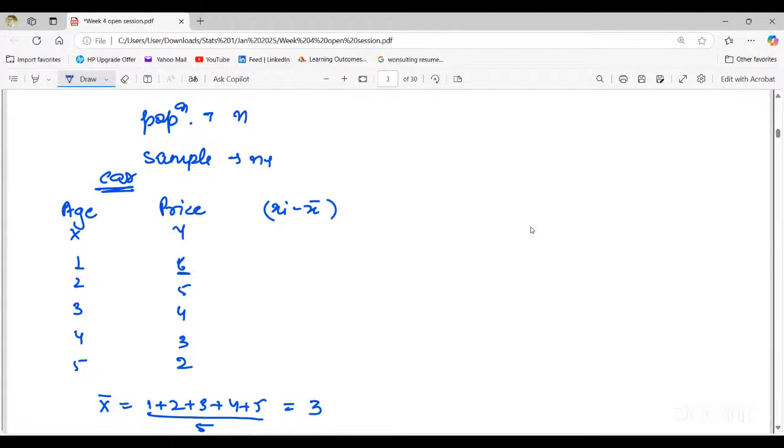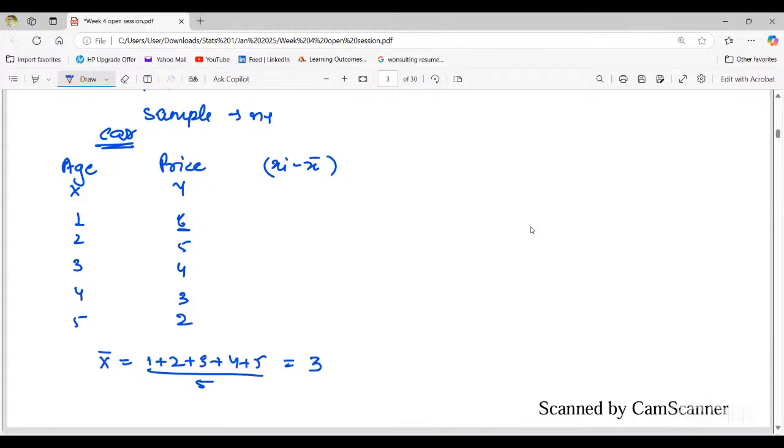Now xi minus x bar, where xi means the values. This is x1, this is x2, this is x3, this is x4, and this is x5. Getting my point?